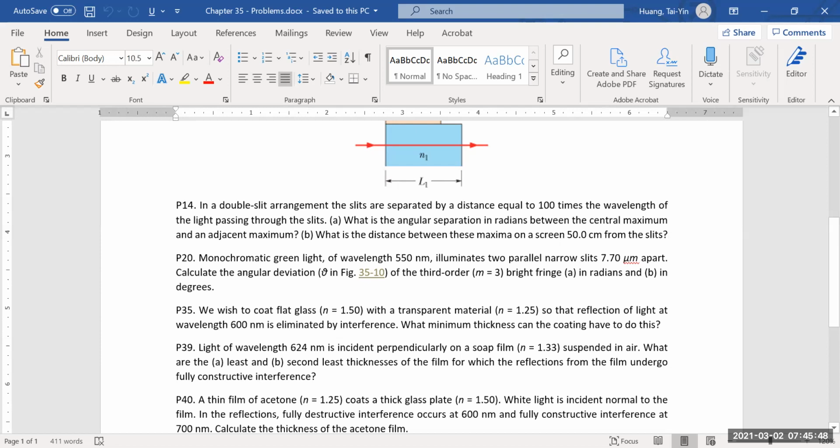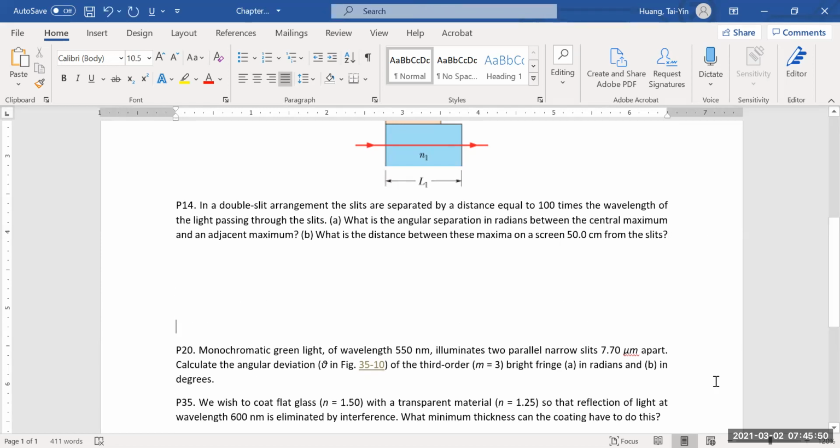Okay, so we can now draw the diagram like this. Let's say this is where the slit is located, and this is where the screen is located. The separation between the slit and the screen, which is 50 centimeters, we indicate with a capital D. I draw a horizontal line to indicate where the central maximum occurs on the screen.